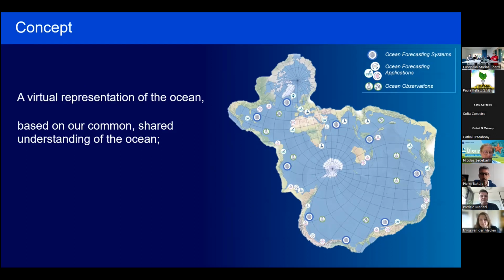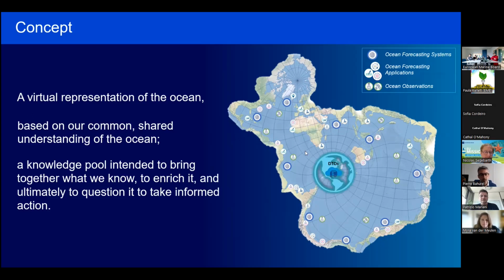If we are able to gather all this information into a common pool of service infrastructures, then we believe that we can learn by sharing, learn by cross-cutting the information, and then propose informed action, I mean evidence-based decisions. That is the philosophy behind it.